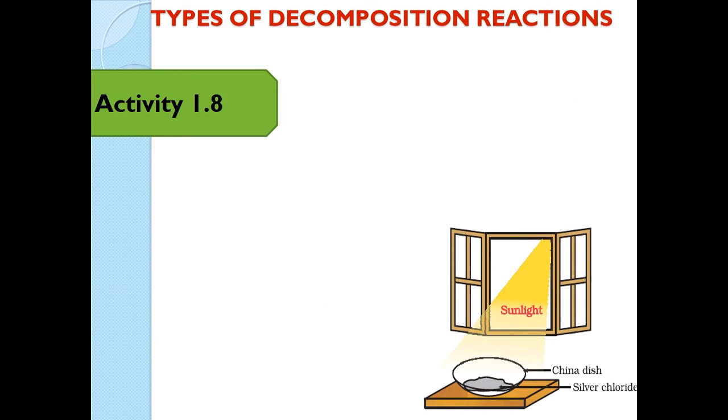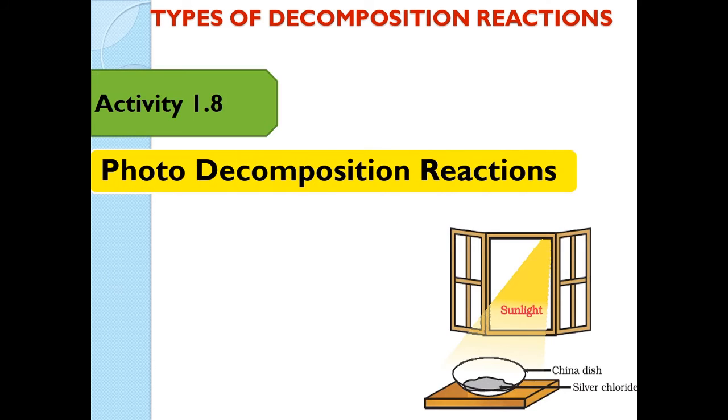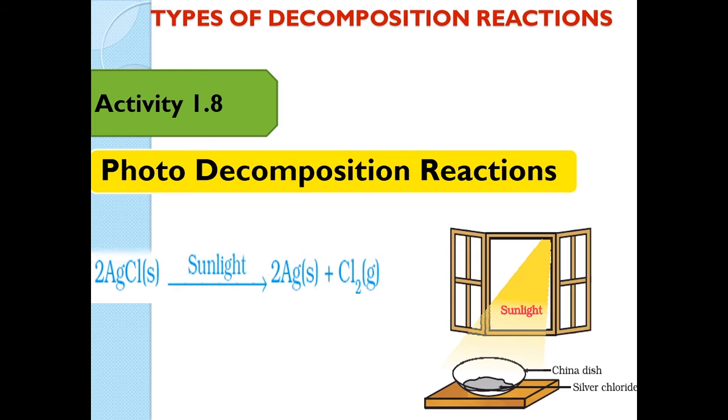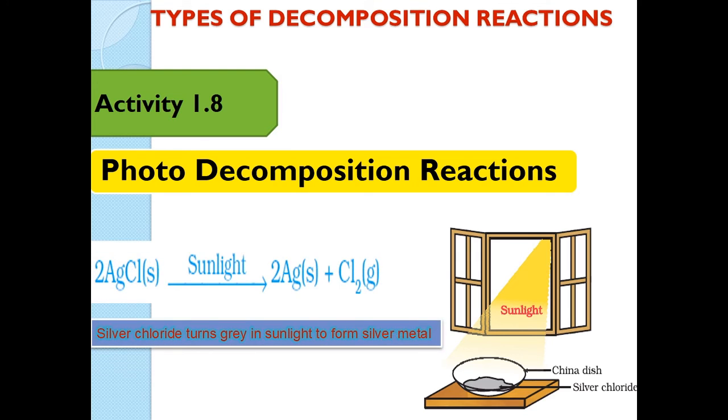Let us now see activity 1.8 based on photo decomposition reaction. Silver chloride turns grey in sunlight to form silver metal. Let us see this activity.